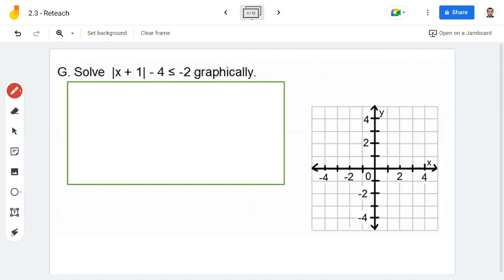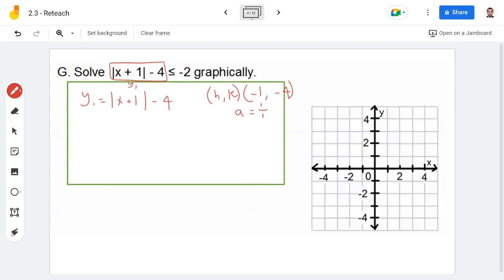Now let's solve this one. This one is y1. Y1 equals absolute value of x plus 1, minus 4. Let's graph this one, h and k. So h and k here are -1 and -4, right? A is not given, so that means a is 1 over 1.